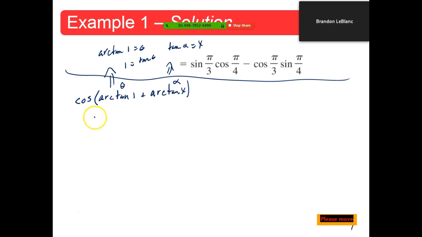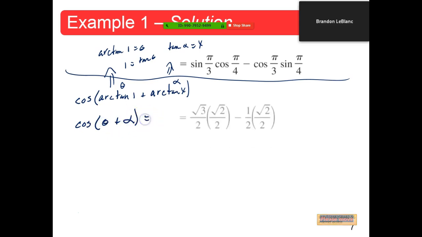Now if you had the cosine of theta plus alpha, according to our formulas across the page there, what would that be?